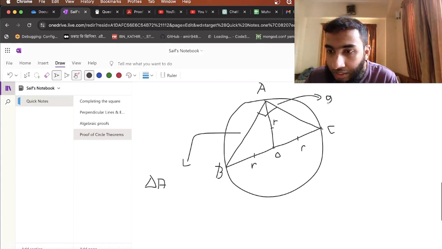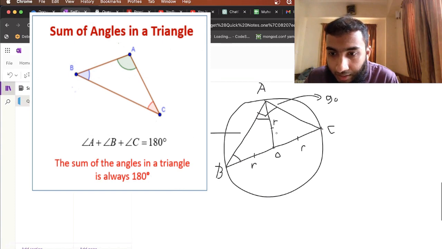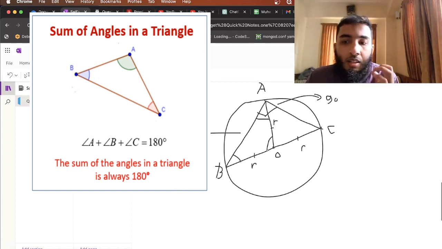90 degrees. So in order to prove that, if we look at the context of triangle ABO, we know that the sum of three angles in a triangle is 180 degrees.